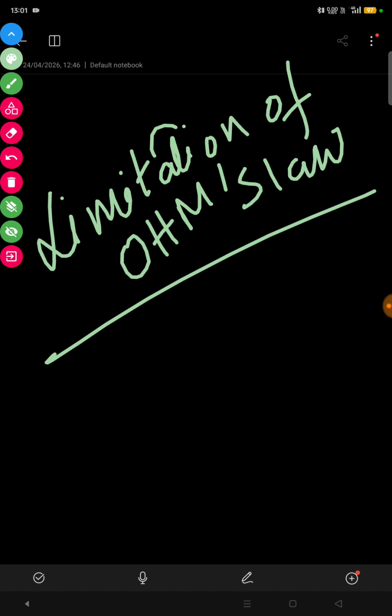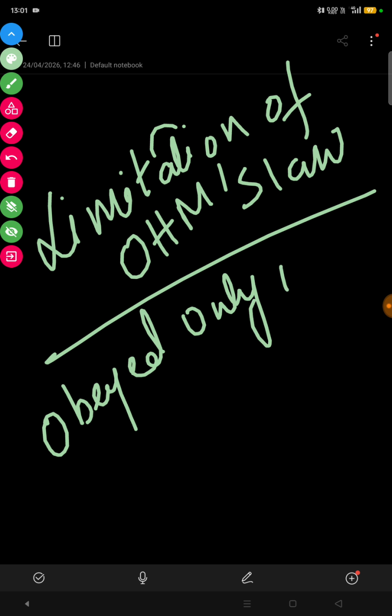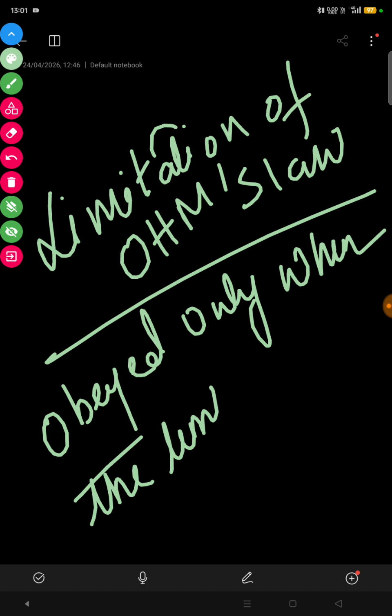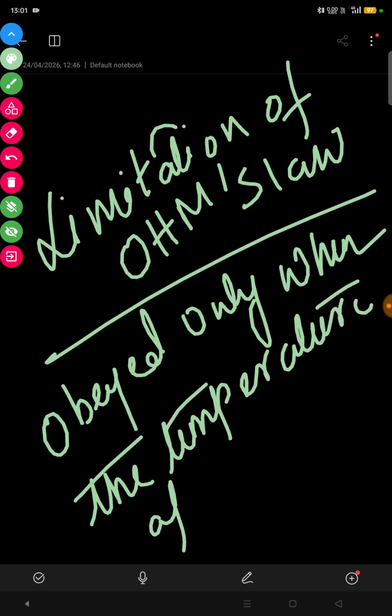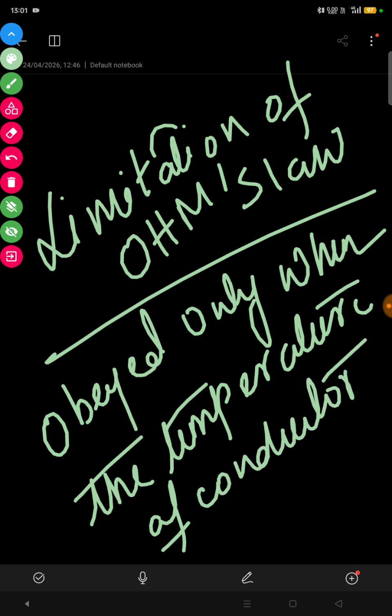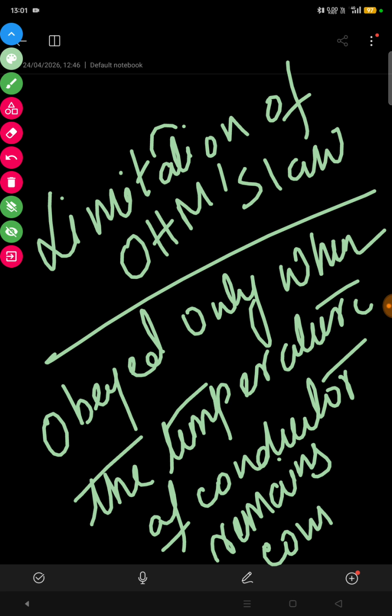Ohm's law is obeyed only when the temperature of the conductor remains constant. Ohm's law is obeyed only in that case. So this is the limitation of Ohm's law.